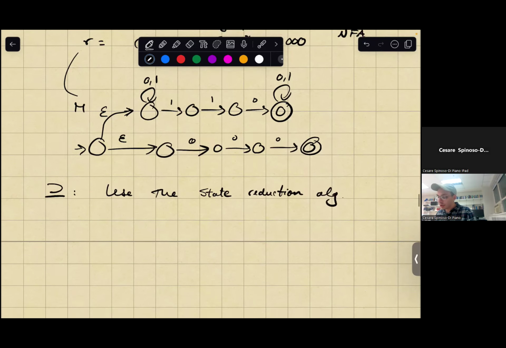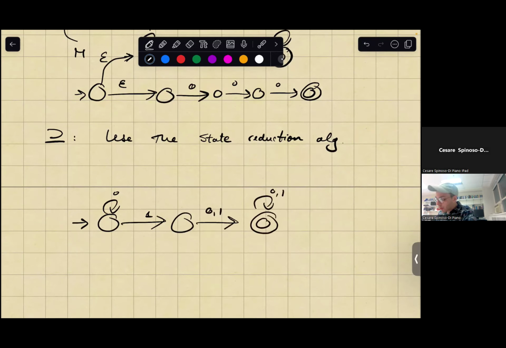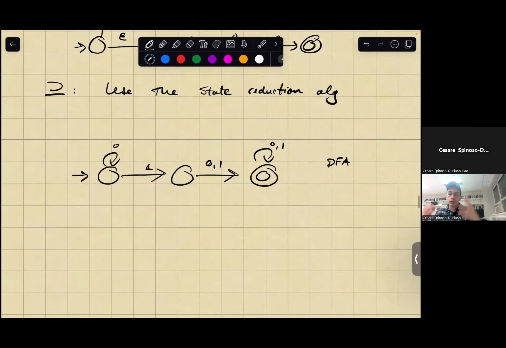So the way the state reduction algorithm goes is, I have some FA, like in this case, this is a DFA, but it doesn't have to be a DFA. Okay, so I have this DFA here. Now, what I'm going to do is create what's called a general transition graph.